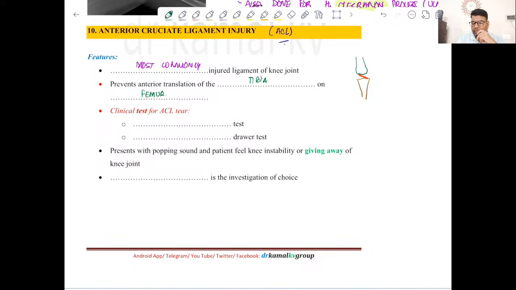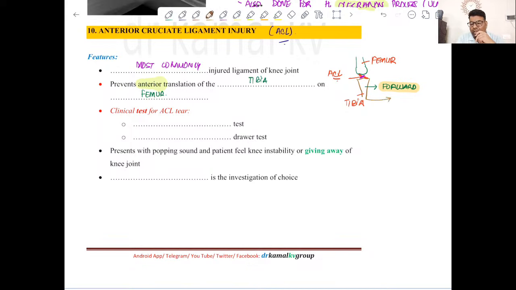It makes sure that there is no forward movement of the tibia over the femur. So it makes sure there is no forward translation of the tibia along the long axis of the femur, right? So this prevents this anterior translation.